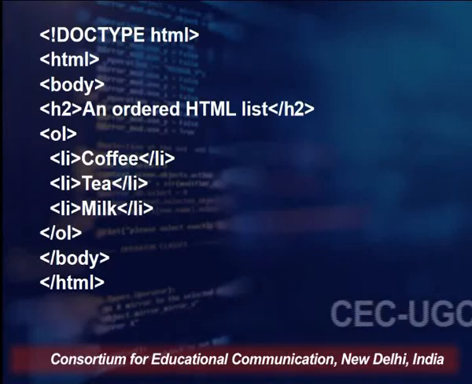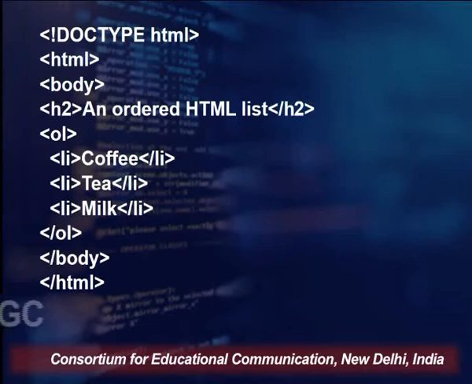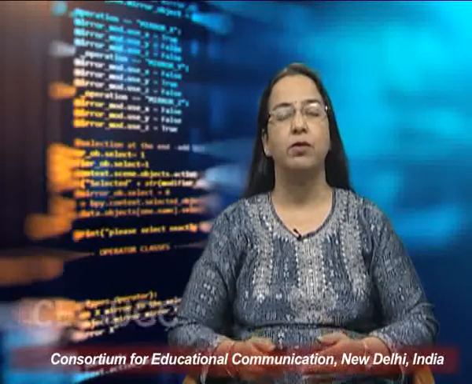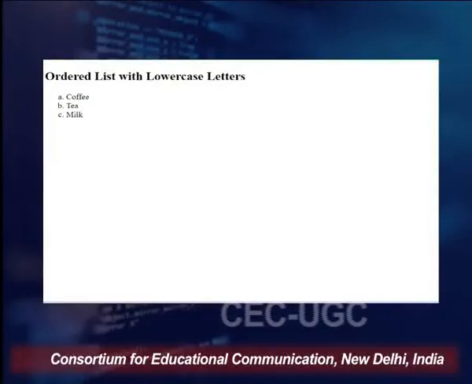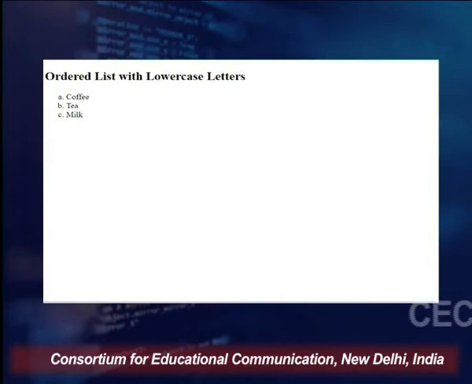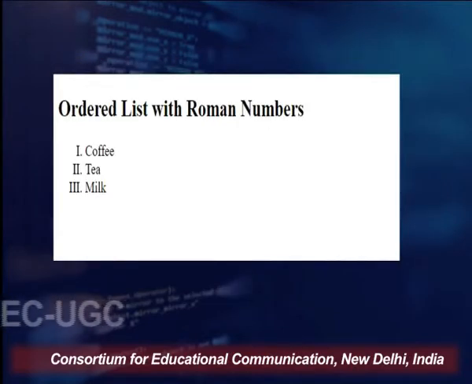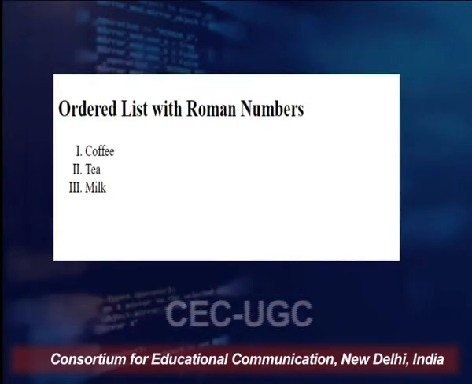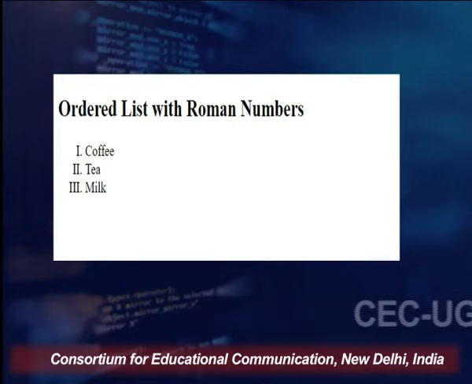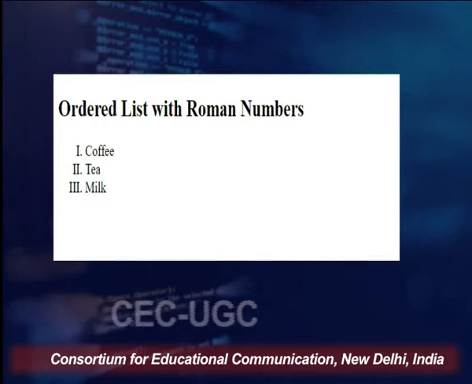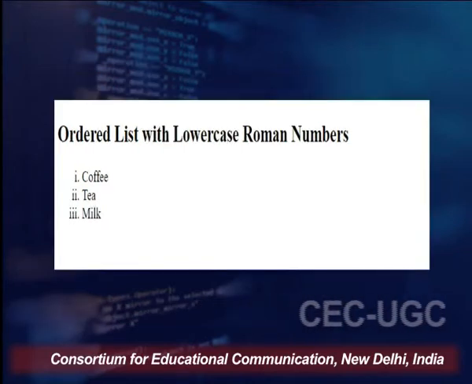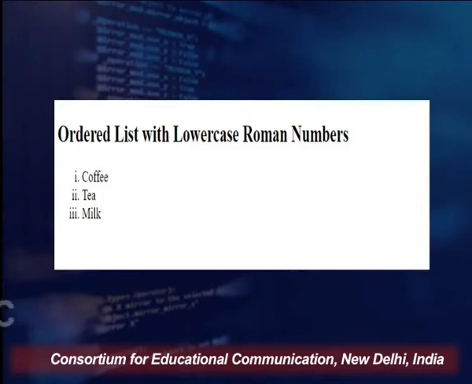If you want to write 1, that is the default behavior, or you can write capital A, small a, or capital I or small i corresponding to Roman numbers. I have already shown you the output if you say capital A, or the output if you say type is equal to small a, or type is equal to capital I, which indicates the Roman numbers in uppercase, and the Roman numbers in lowercase are taken by the type is equal to small i attribute.